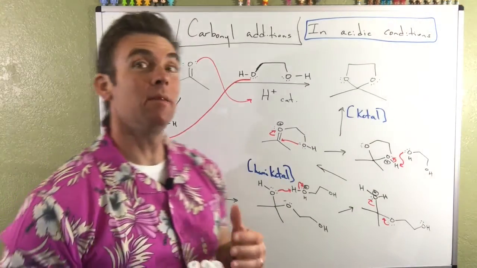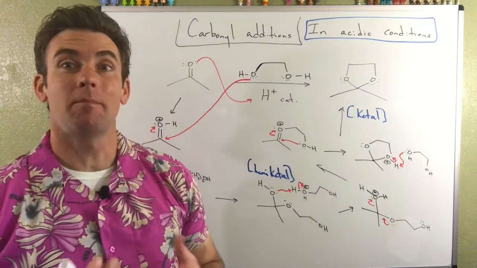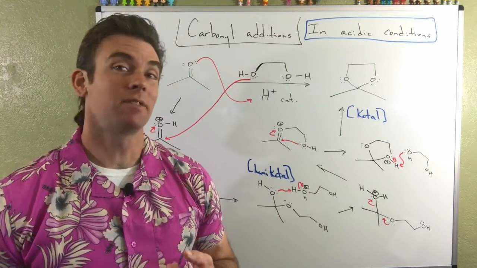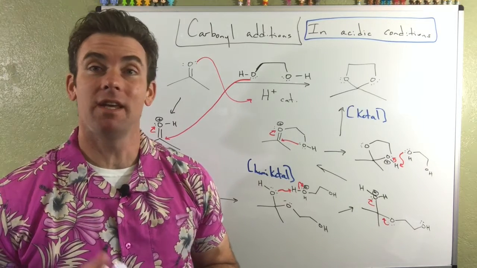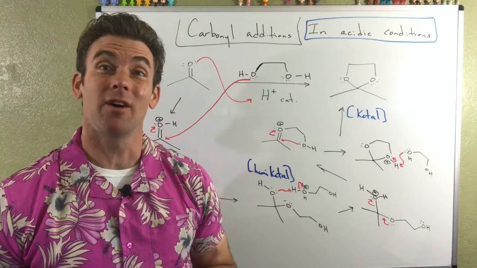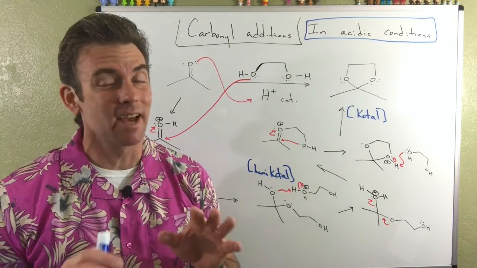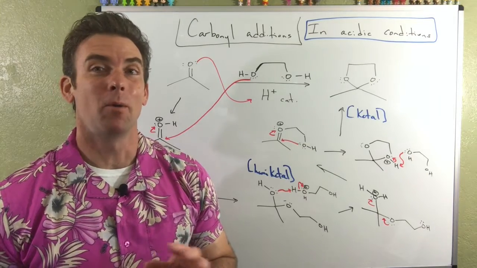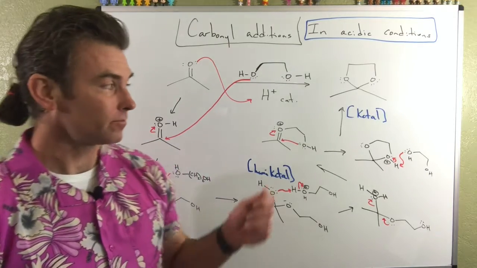One thing that's really important, which we're going to be picking up on as a theme all throughout the next couple of terms here: if we have something in basic conditions, all of the intermediates that I show are going to be either negatively charged or neutrally charged. There is kind of an exception with a cool little thing known as nitrogen, but we're not going to worry about that just yet.